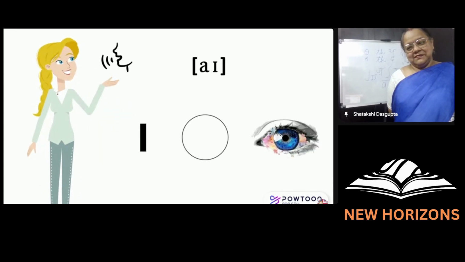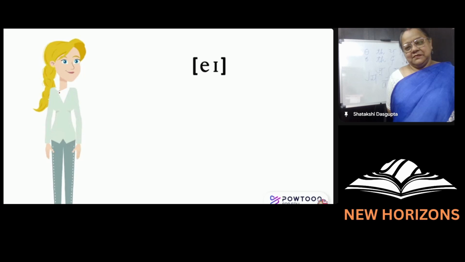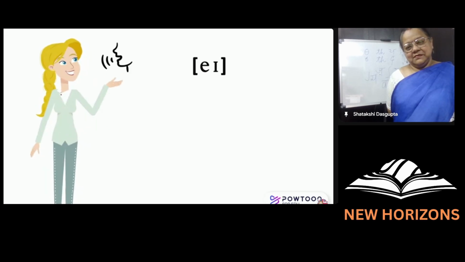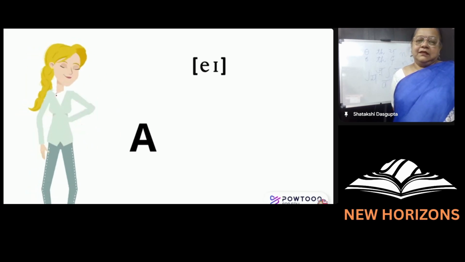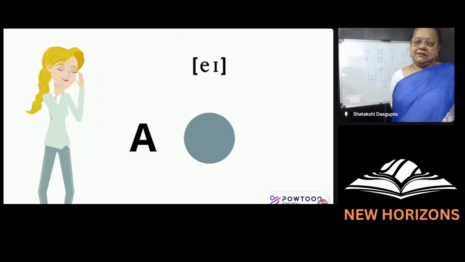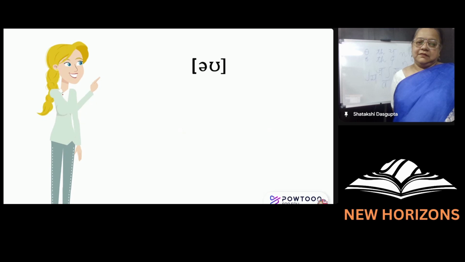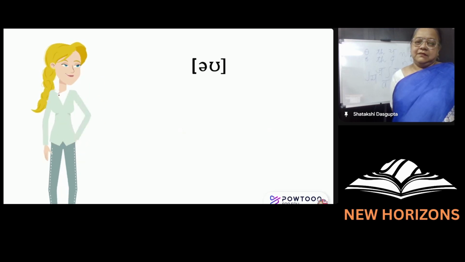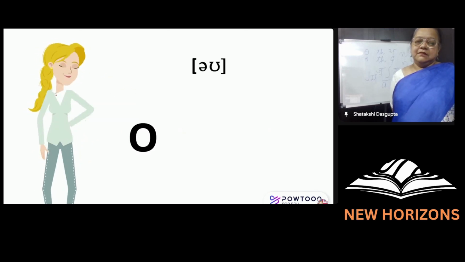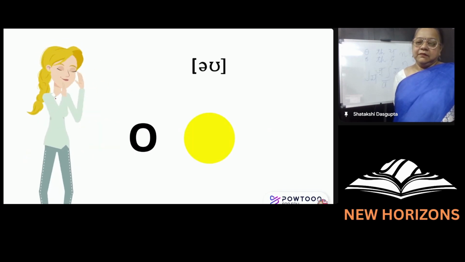I. I. This is the sound A. A. A. Grey. Table. A. This is the sound O. O. O. Yellow. Boat.